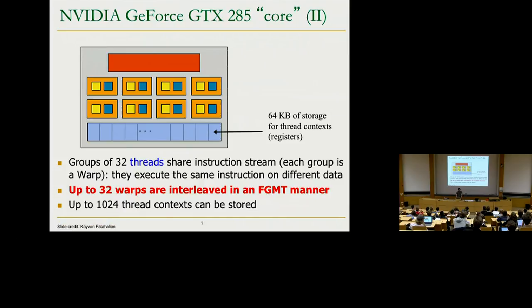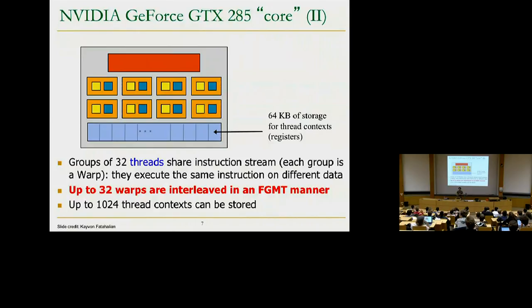So how are these used? Well, in each of these cores, we are going to have a certain number of warps. Recall that a warp is a collection of 32 threads that are executed in each of these SMs. And as you might remember, in the GPU, we use fine-grained multithreading, so these warps are interleaved.